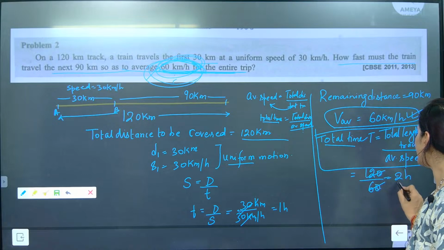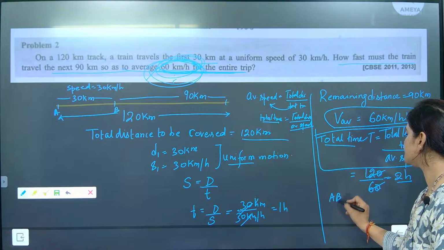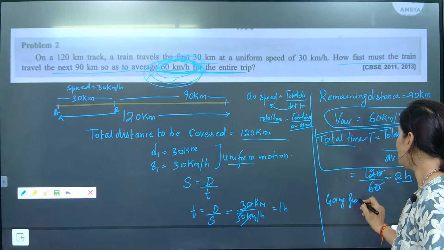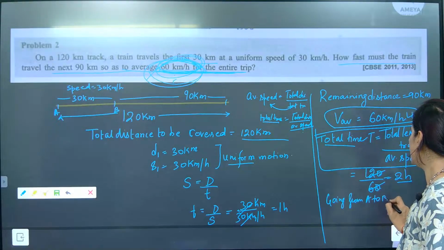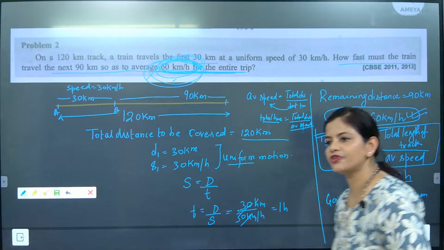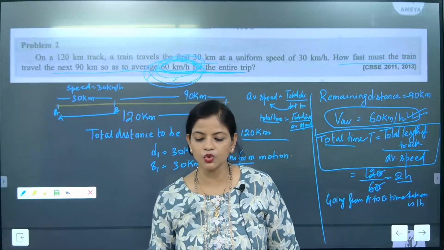How much total time taken, beta? But the first half, A to B, time taken is 1 hour. Going from A to B, time taken 1 hour. So how many hours left? Total is 2 hours.